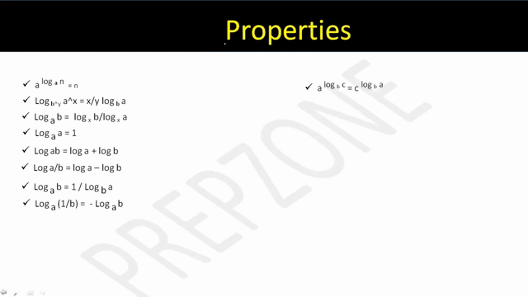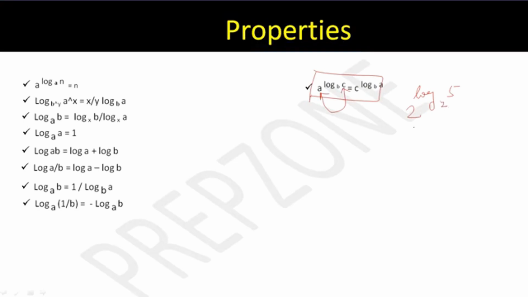Yeah, guys, this is the most important property. I can change the order of c and a. So a to the power log c to the base b is the same as c to the power log a to the base b, which means 2 to the power log 5 to the base, say the base is 2, right?